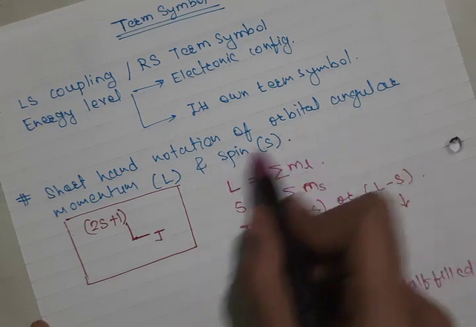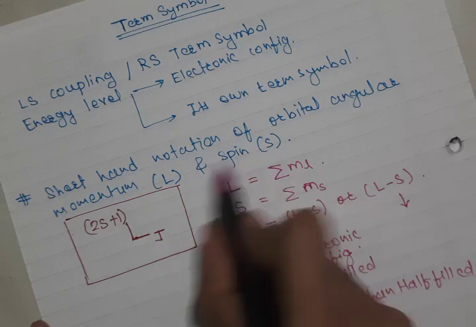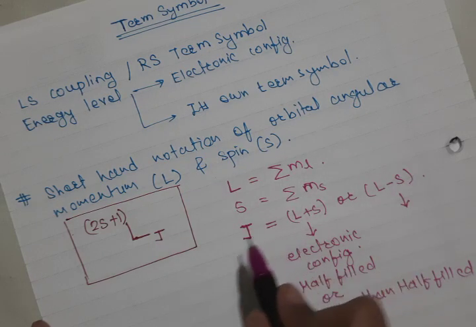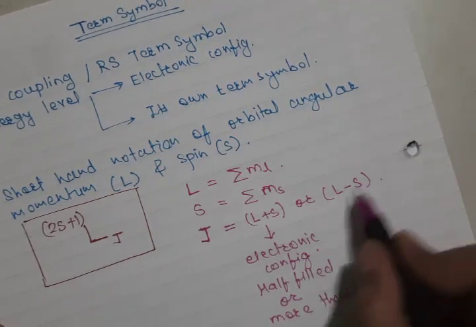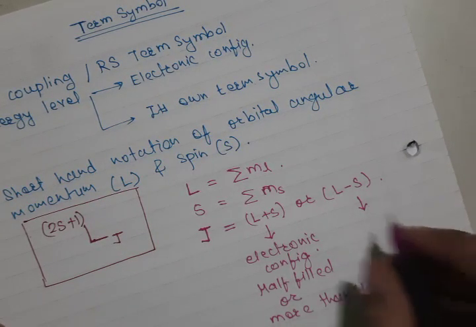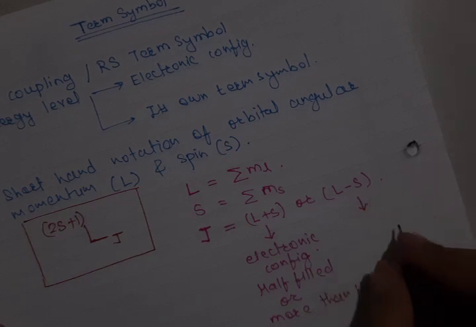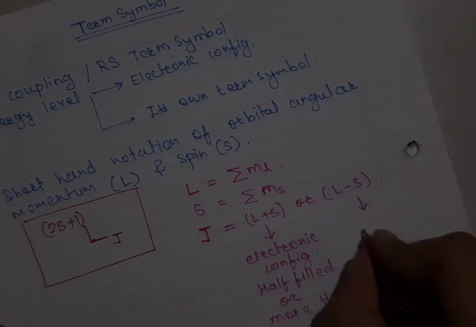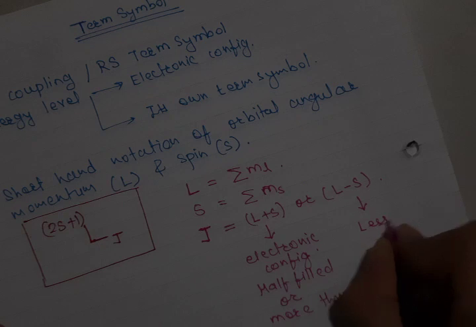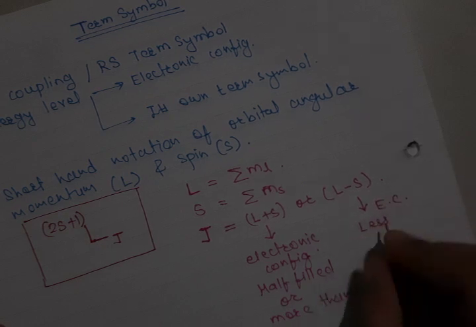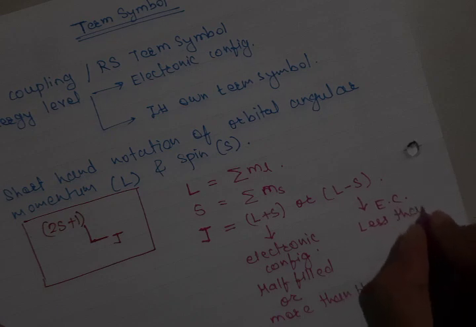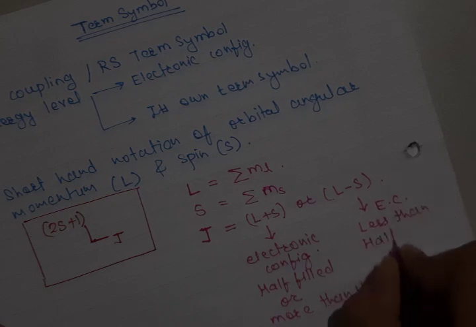It is a combination of these two quantum numbers, that's why it is called the total angular momentum quantum number. And L minus S is taken when the electronic configuration, EC, is less than half filled.